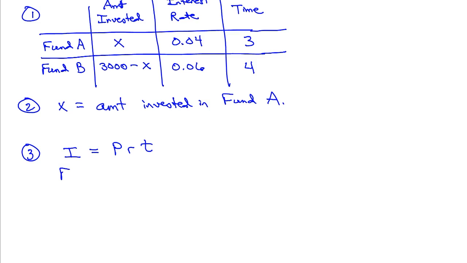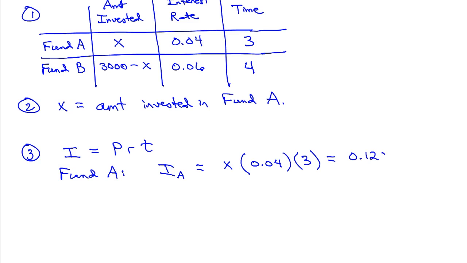So from Fund A, I'm going to call that I sub A to represent the interest earned in Fund A. It would be the principal, X, times the interest rate, 0.04, times the time, 3. And those are just the elements from the table in row Fund A. We multiply these together, and we get 0.12x.